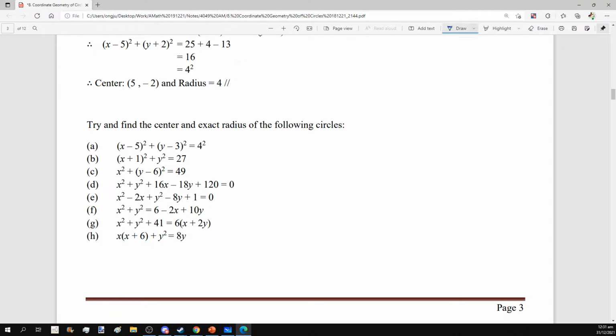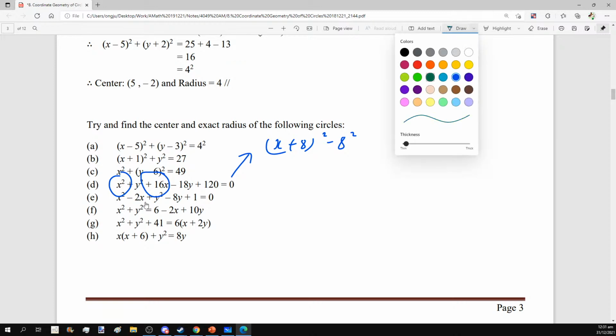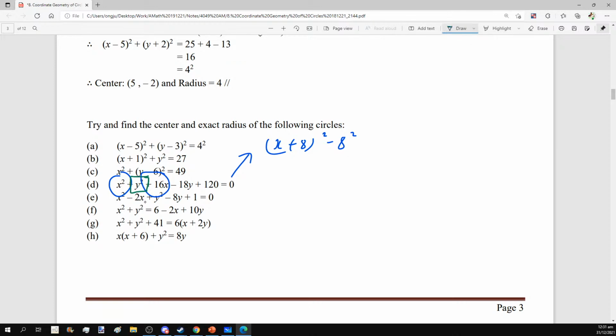a bracket shape. So what we shall do is, of course, you will notice that we have x squared and plus 16x, allowing us to do completing the square in this fashion. Meanwhile, we have y squared and minus 18y, allowing us to do completing the square on y as well, giving us the following result.